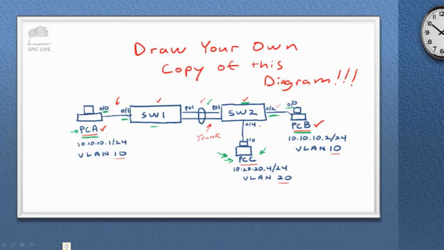Matthew's suggesting there needs to be routing here. So switch 1 or switch 2 has to be routing or we're in big trouble. I love it. Matthew, what can we do to confirm routing? What would you do? It's got to be switch 1 or switch 2. What would you like to do?